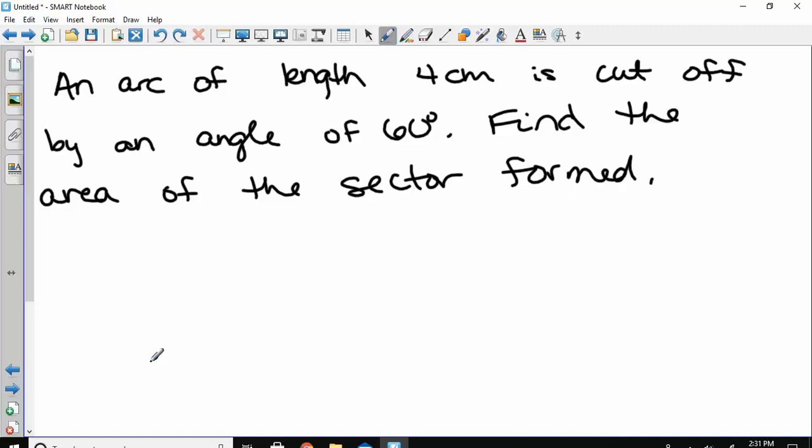An arc of length 4 centimeters. What is that? S. Arc length is S. That's distance on the outside of the circle. It's cut off by an angle of 60 degrees. An angle is what variable? I want to find the area, so I'm looking for A.